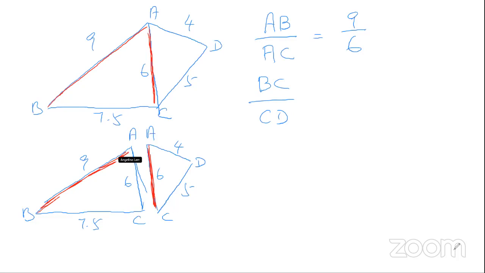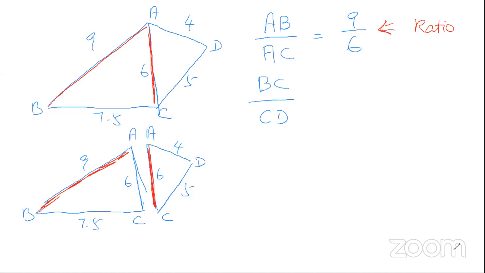Then if we try to find the proportion or ratio, I do something like that. I do a division, 9/6 for AB divided by AC. And then if I look at another pair of sides, hey, what's going on? I cannot change the color. Right.